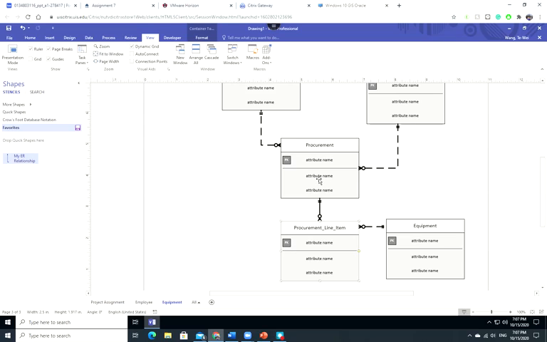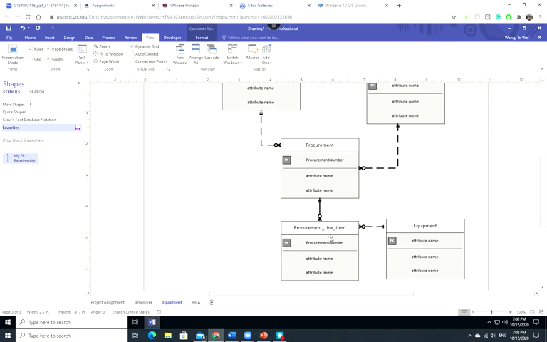When it is used by your textbook to describe the relationship, this solid line is called the ID dependent relationship. Because if we try to do this here, let's say for example we use procurement number as a primary key, that procurement line item here needs to have it as a primary key as well as a foreign key.